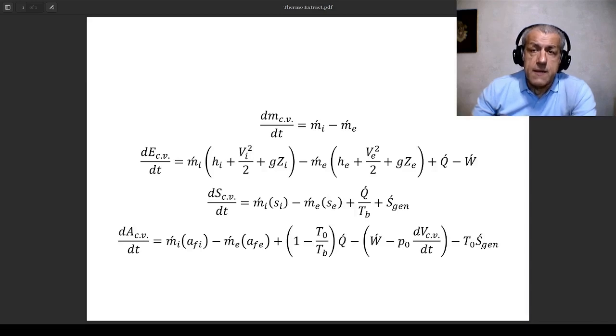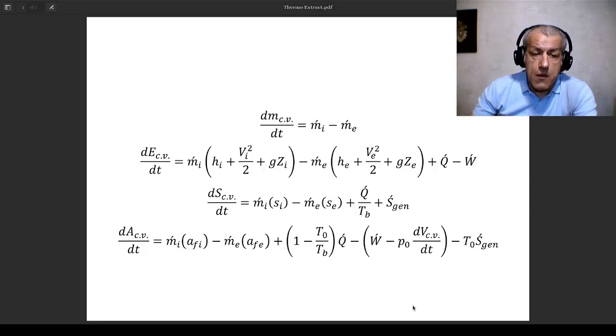Brayton cycle and basic cycles are all defined at steady state. So to simplify these three equations, we have to put the values on the left-hand side to 0 because our problems are steady, and then try to simplify whatever there is on the right-hand side for each system.